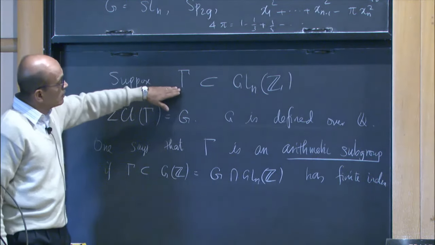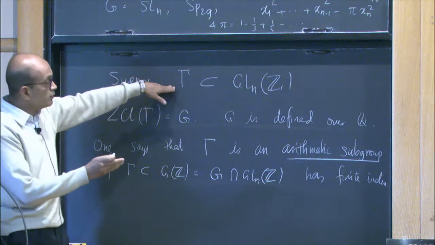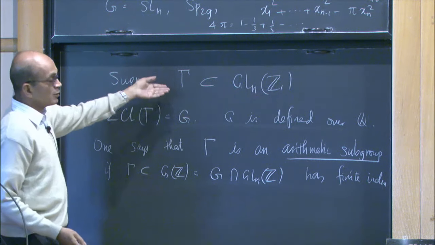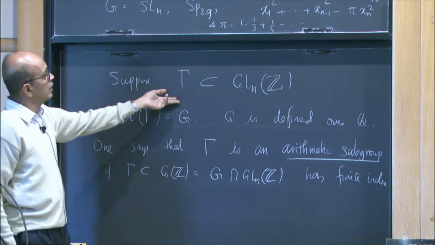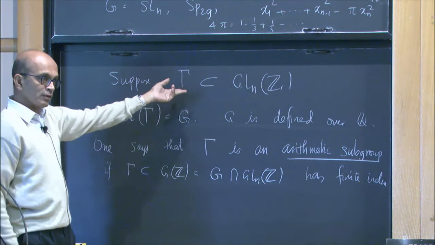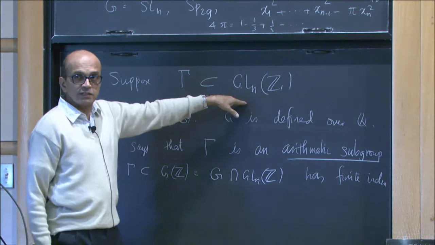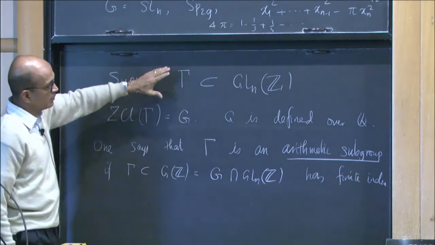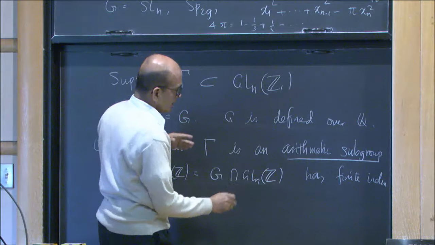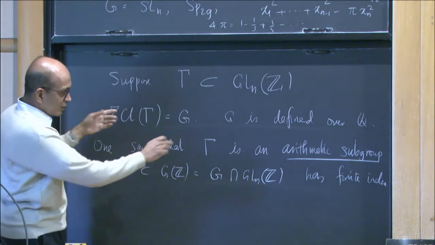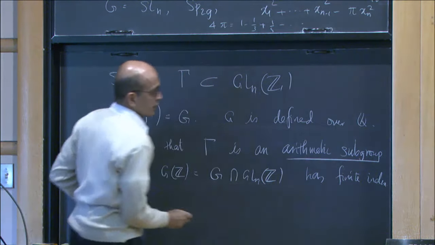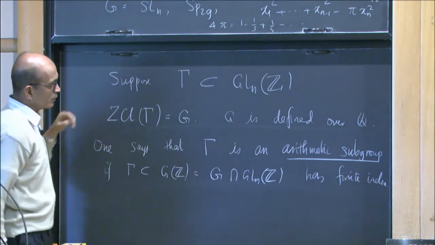So actually this is a relative notion. Gamma, for example, could be a free group, which is certainly a congruence subgroup of level 2 in SL2Z, but it could sit as a thin group in GLnZ. So when I say it's an arithmetic group, it's not an abstract arithmetic group, it is an arithmetic subgroup in this sense. So it's a relative notion.